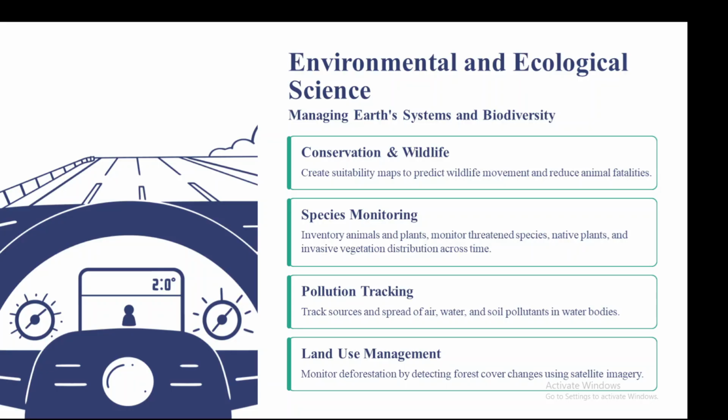The second one could be pollution and resource monitoring. So imagine trying to find out how industrial waste is affecting a river. For example, in a region there is industrial waste that is affecting the quality of water in a river. GIS can help us map pollution sources.